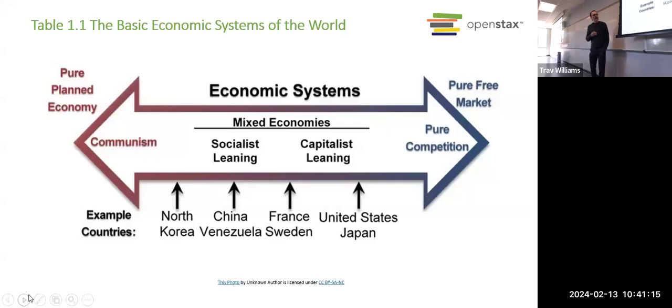So there really aren't too many countries in the world that are completely communist or completely capitalist. Most countries are somewhere on the spectrum in between, where they could be defined as some sort of socialist country, where some products and services are provided by companies and some are provided by governments. And that would be a more socialist country. Socialist countries tend to have higher taxes than a more capitalist country like ours.